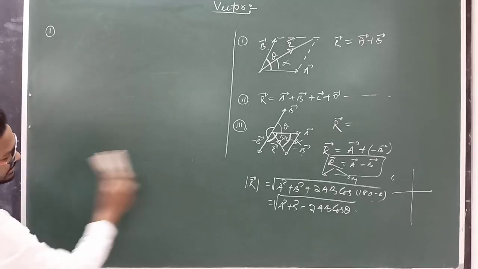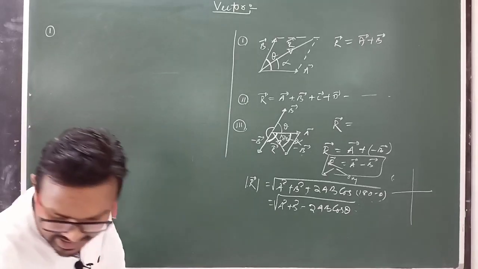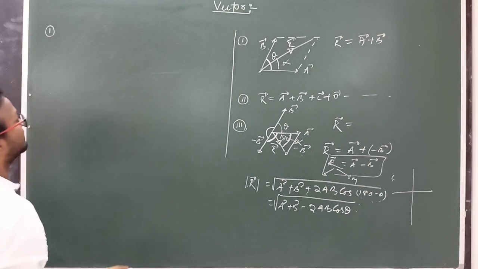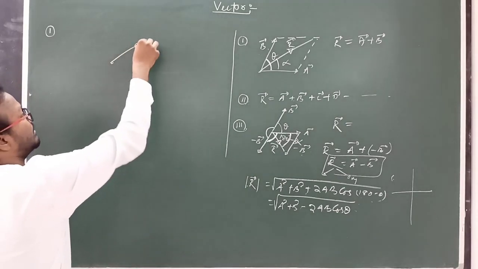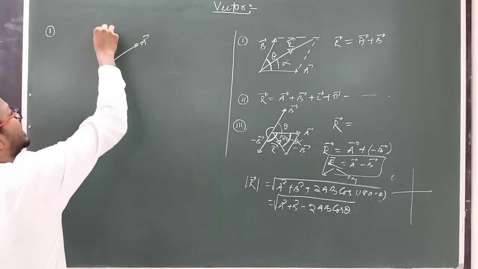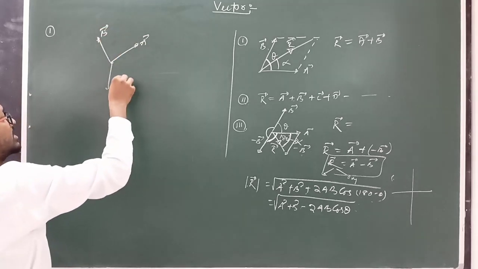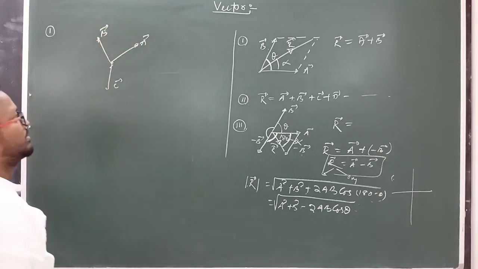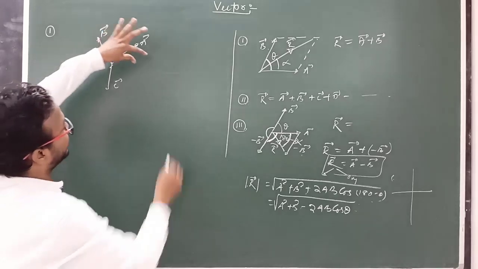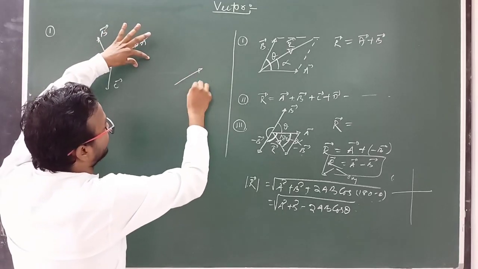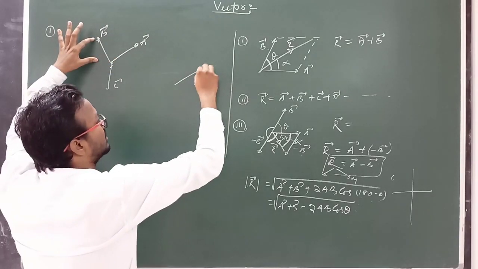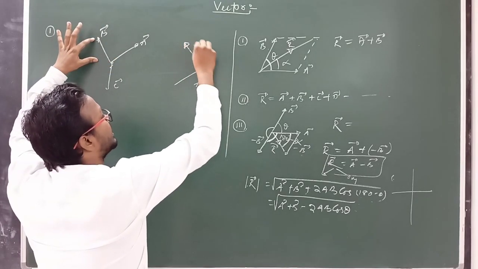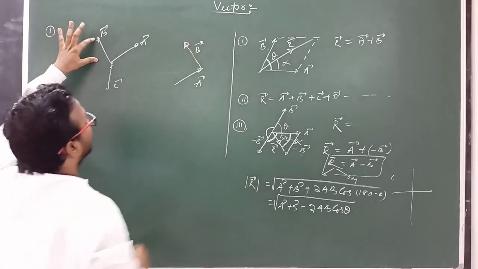If three forces, or a number of forces, act simultaneously on a particle and they form a closed loop or closed path, suppose three vectors I am taking here, vector A, second vector B, and third vector C, acting simultaneously on a particle. If we shift vector A here, then this is vector B, and we have to place vector B using the tail to head method.